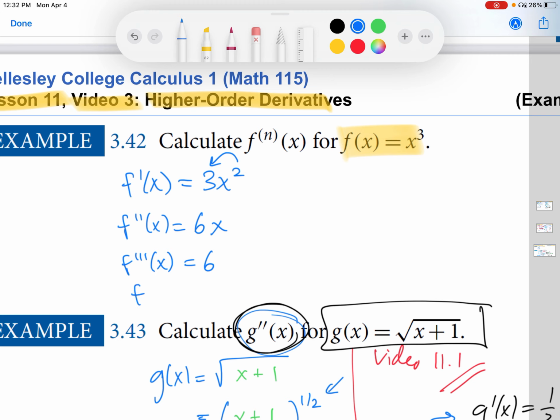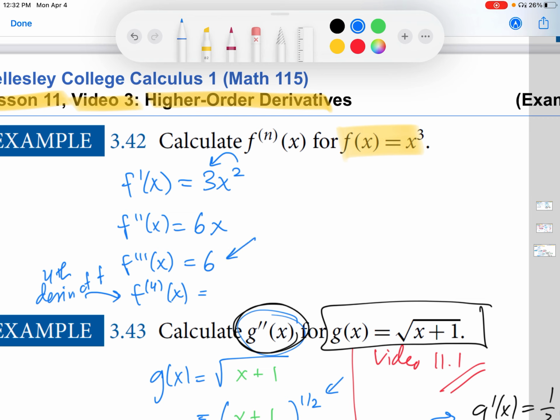And now, we could do f with 4 primes, but you can see it starts looking a little weird. So at this point, most of us switch over to the parentheses notation. So this now means the fourth derivative of f, and that's the derivative of the third derivative.